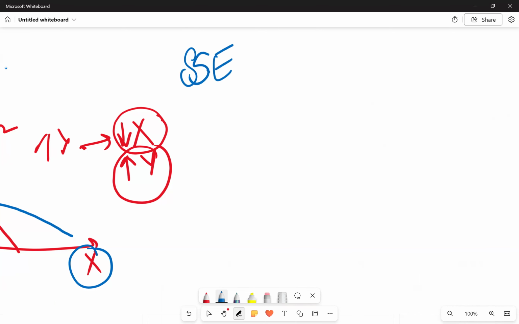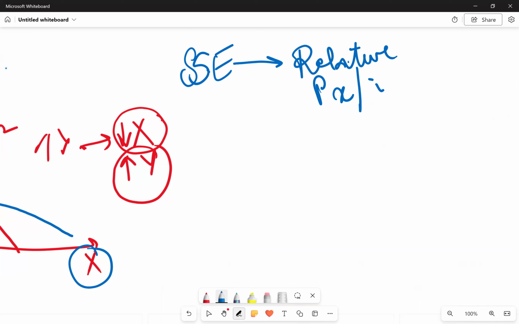Right. Okay, now first thing is that in case of substitution effect, we understood that we are talking about your relative prices. Okay, relative prices in the sense Px upon Py. So a rise in the relative price would mean that your good has become more expensive. That would lead to a fall in quantity demanded.